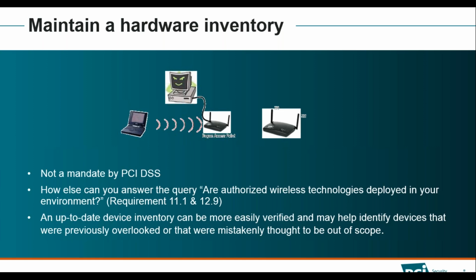And if you are a sufficiently large organization, these large organizations even set up wireless IDS and IPS systems which can detect unauthorized access points within the organization and jam them. So unless you have an inventory, how are those systems ever going to find out which are the authorized and unauthorized systems in the enterprise?